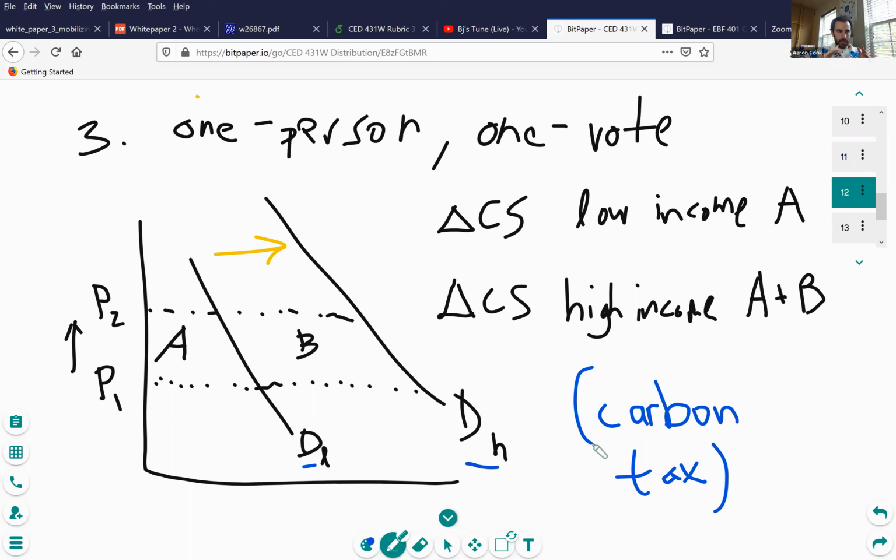But the fact that energy prices would increase would have effects on both high-income people as well as low-income people.